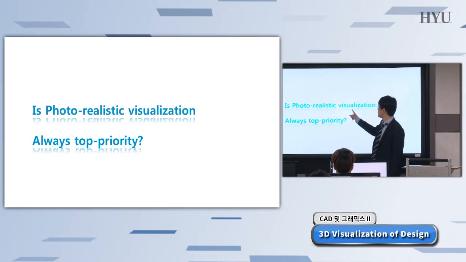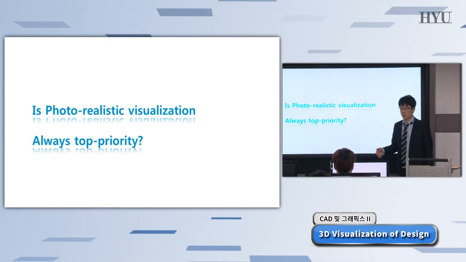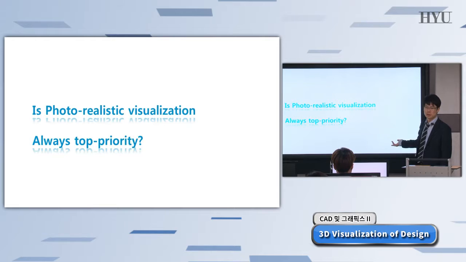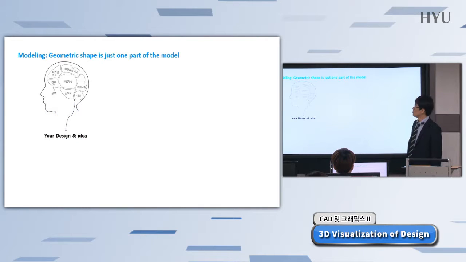Is photorealistic visualization always the top priority? What I mean is, should you always make that kind of realistic rendering? My answer is, of course, no, okay? Geometric shape is just one part of the model.